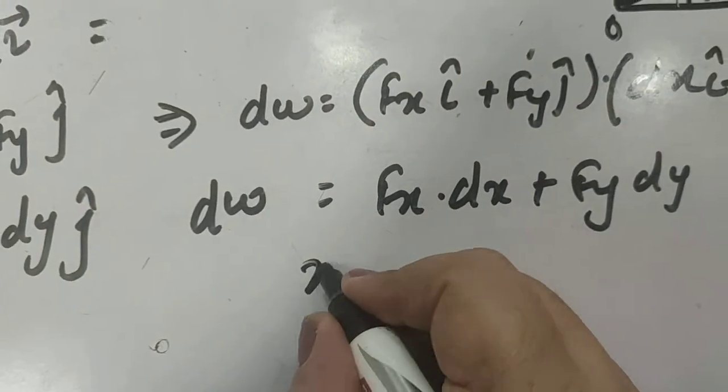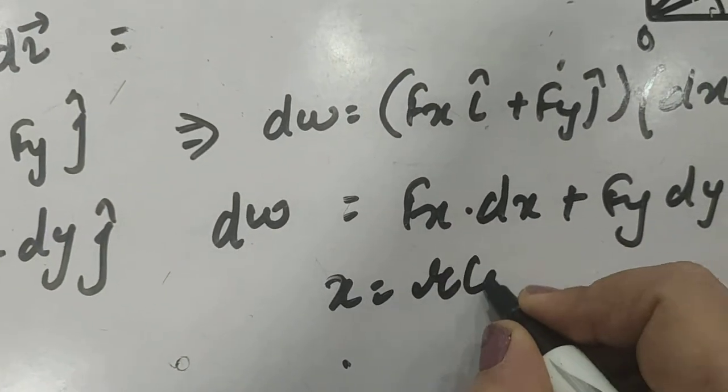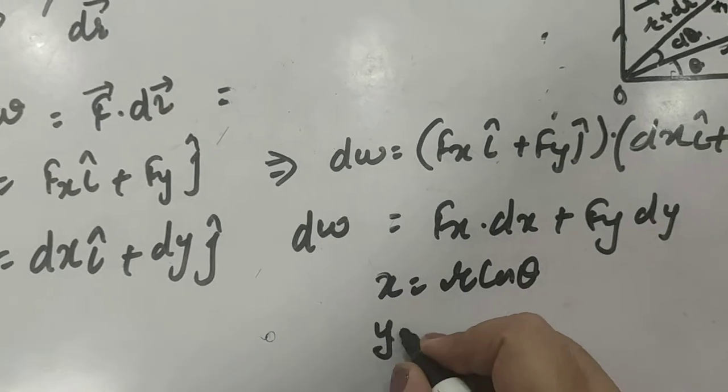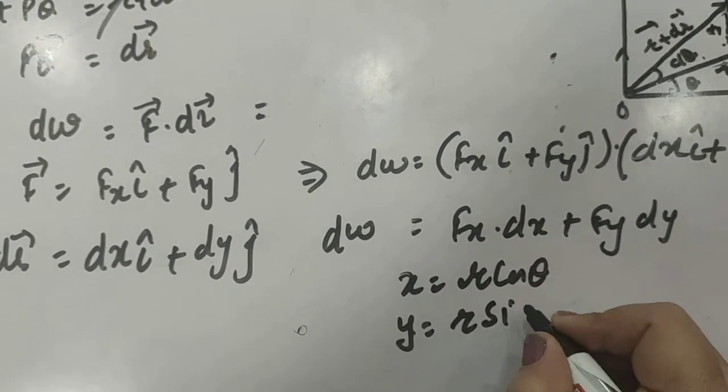So we can write x is equal to r cos theta and y is equal to r sin theta.